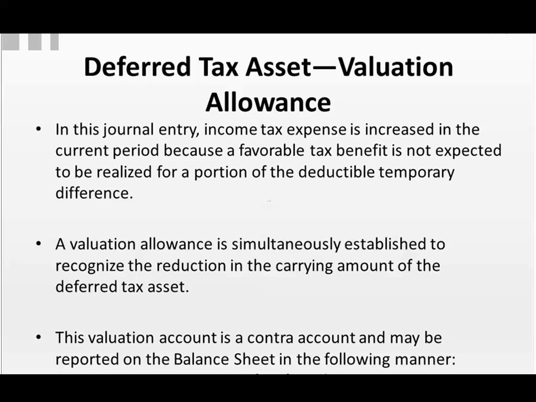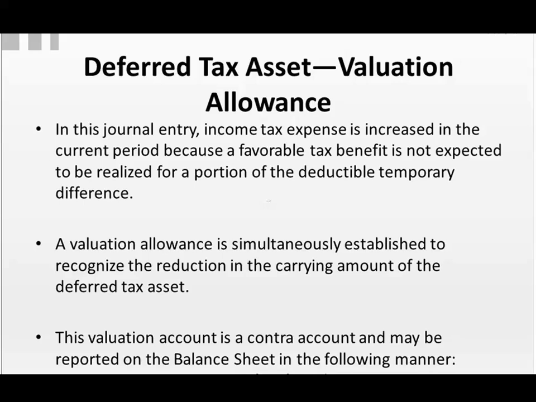So a valuation allowance has to be simultaneously established to recognize the reduction in the carrying amount of the receivable, called deferred tax asset. So that valuation account or allowance is a contra account, and it may be reported in the balance sheet in the following manner.